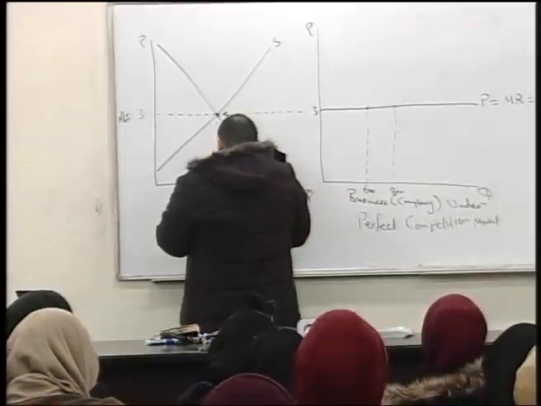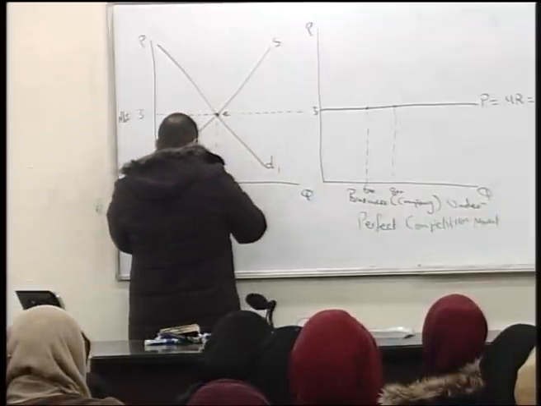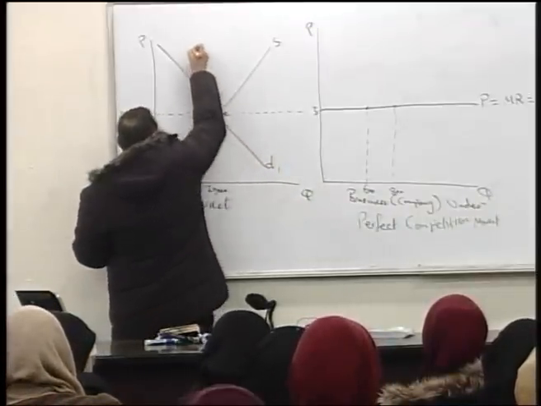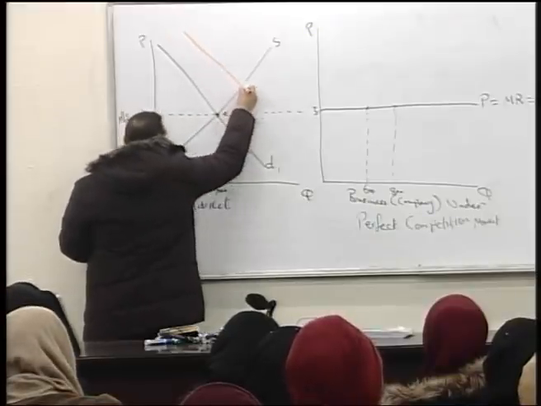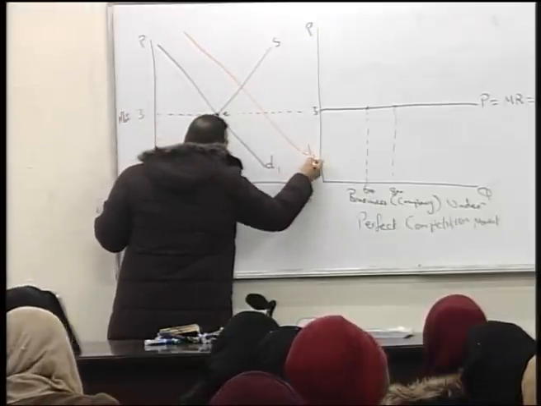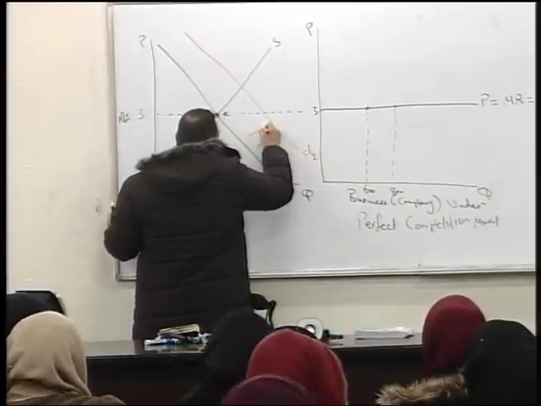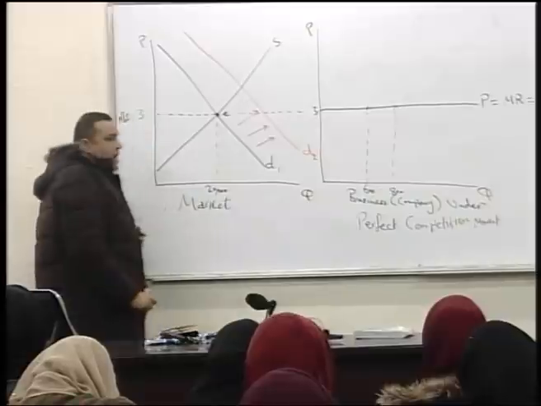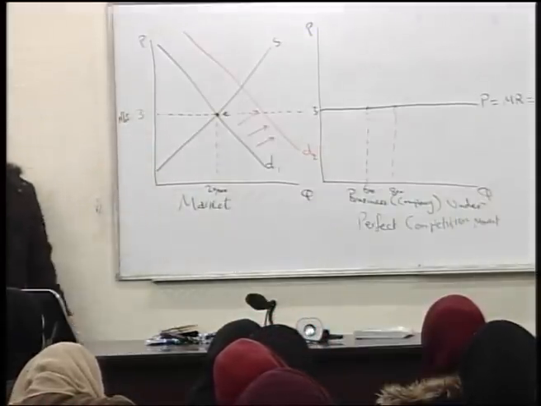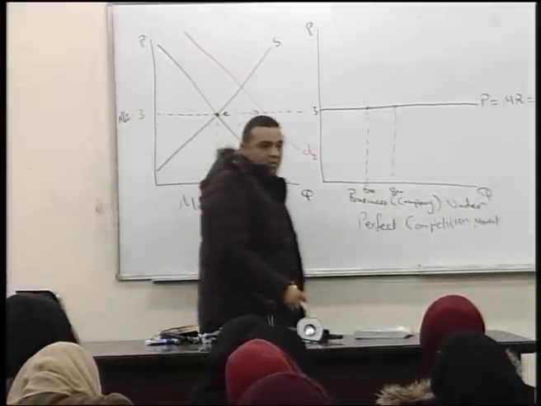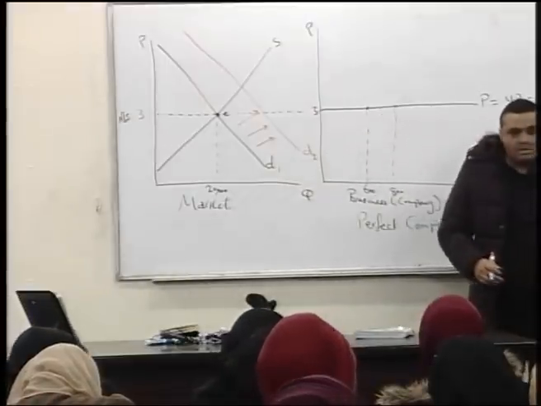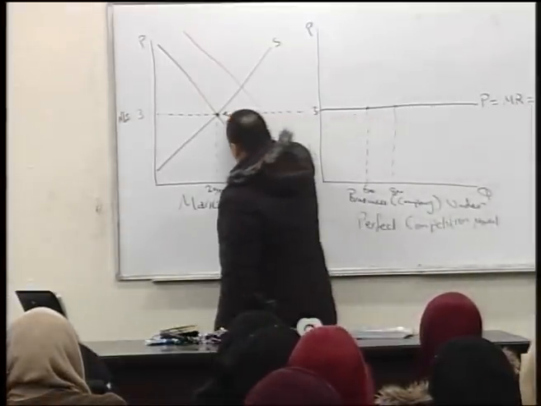This is D1, and the demand increases to D2, from D1 to D2. Ceteris paribus, we have a new equilibrium point, right? Which is E2. This is E1 and E2.